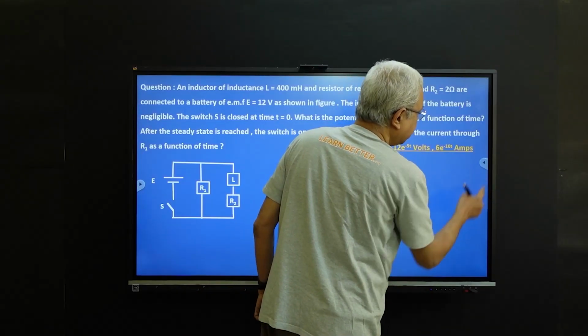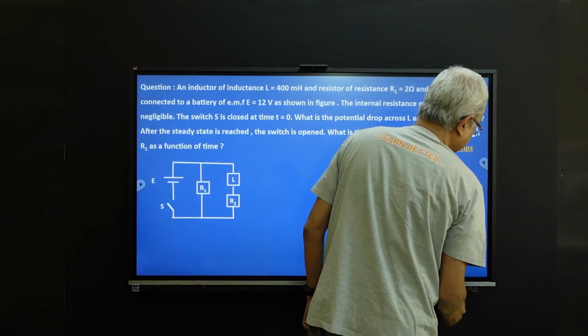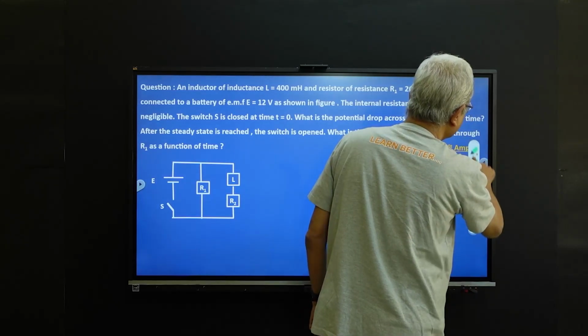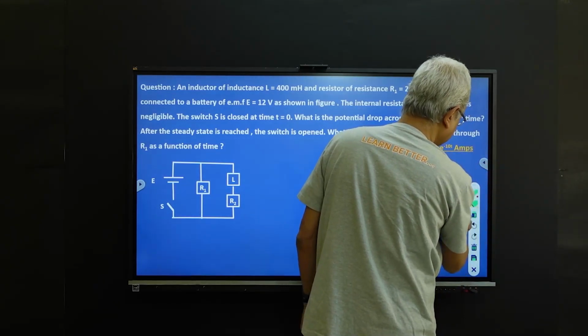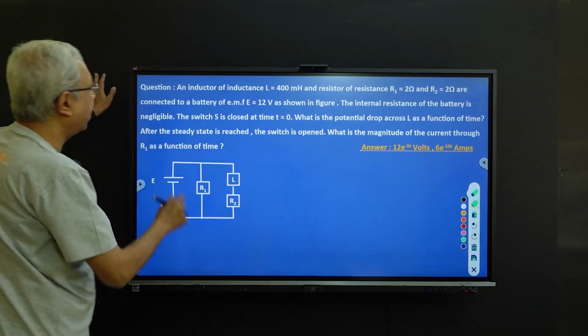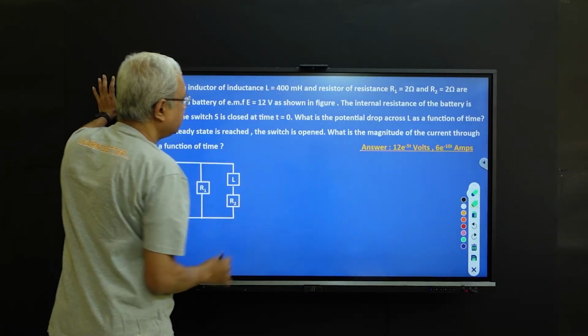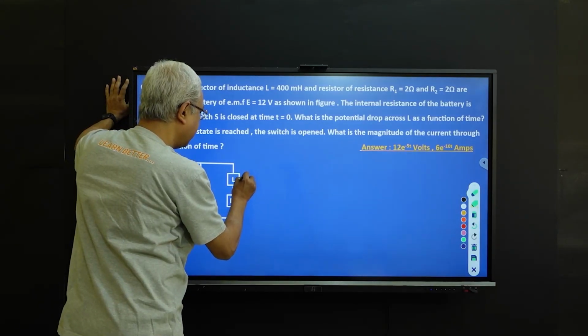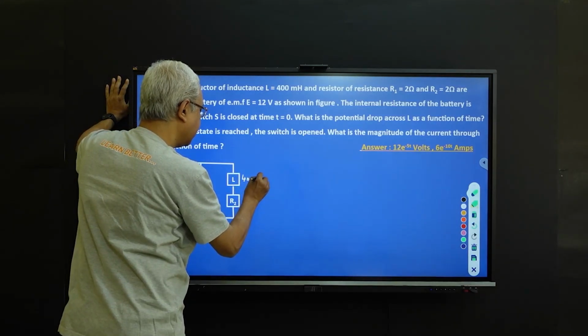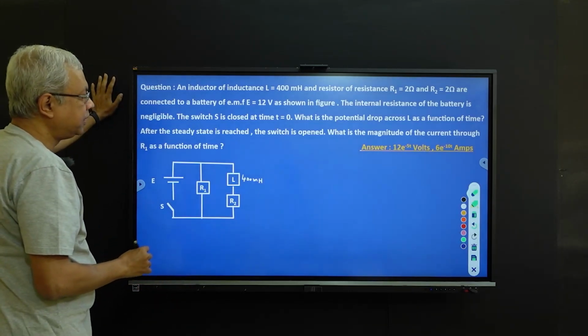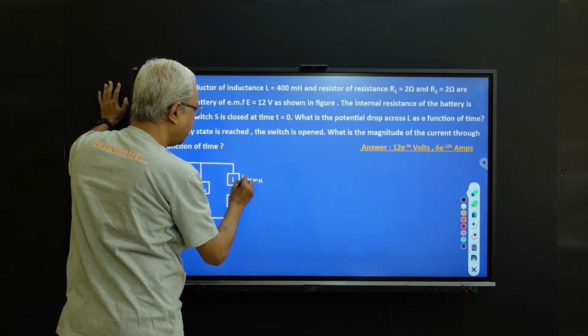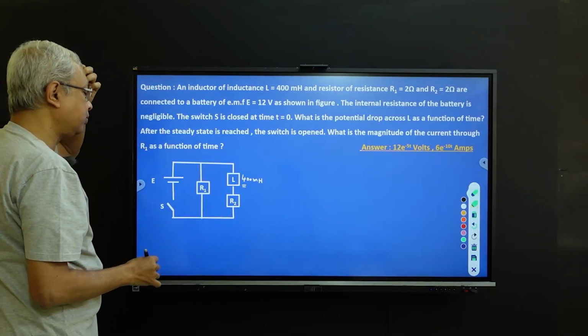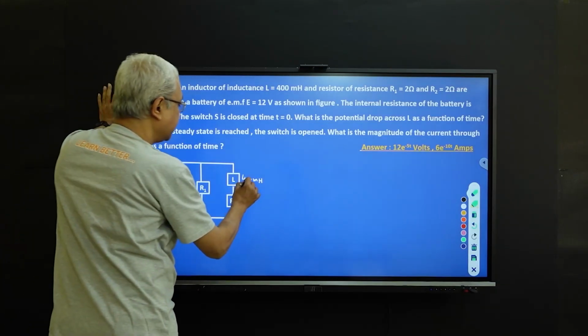Let us see what the problem is. An inductor of inductance L equal to 400 millihenry. 400 millihenry means 400 multiplied by 10 to the power minus 3 Henry.